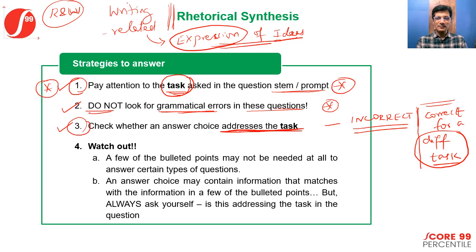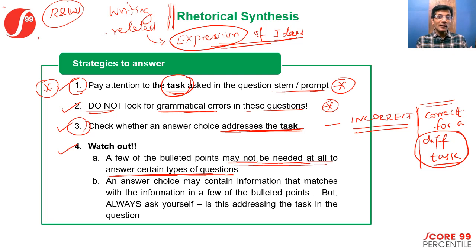Bear this in mind. Then, importantly, watch out. A few of the bulleted points may not be needed at all to answer certain types of questions, because what you're being given is information, information, information. But ultimately, your task could be something else which may not require that you use all the information, which means you're probably presented with information overload.